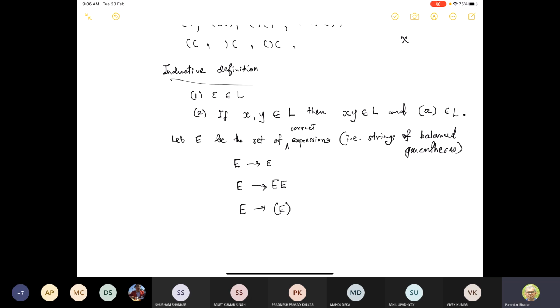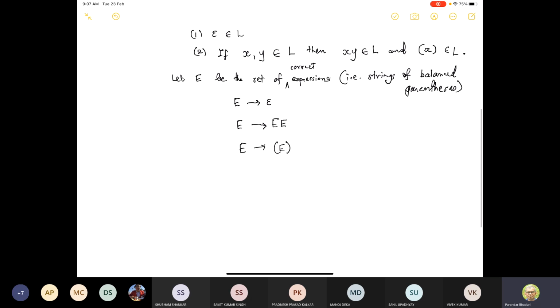So this is what is known as a context-free grammar. We say that this particular grammar generates the language of balanced parentheses.